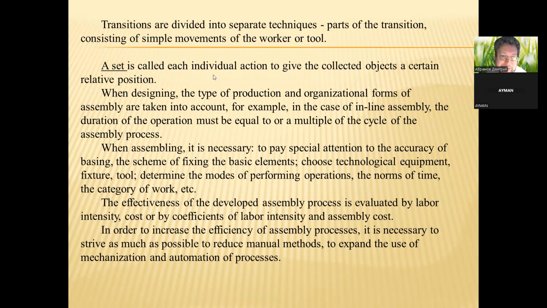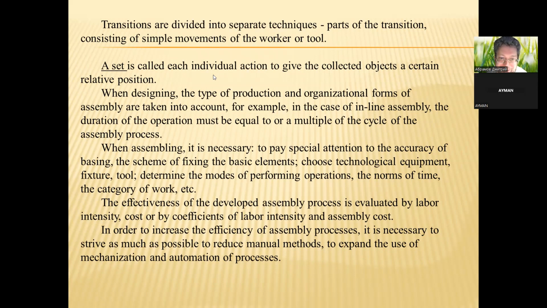When designing, the type of production and organizational forms of assembly are taken into account. For example, in the case of inline assembly, the duration of the operation must be equal to or a multiple of the cycle of the assembly process.